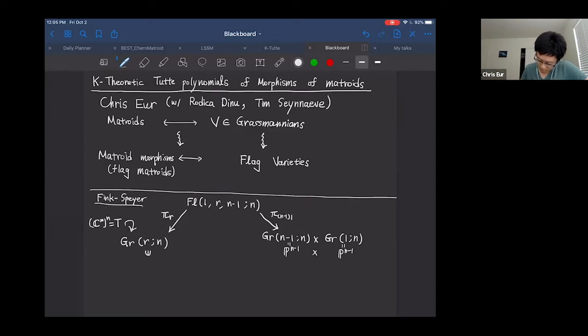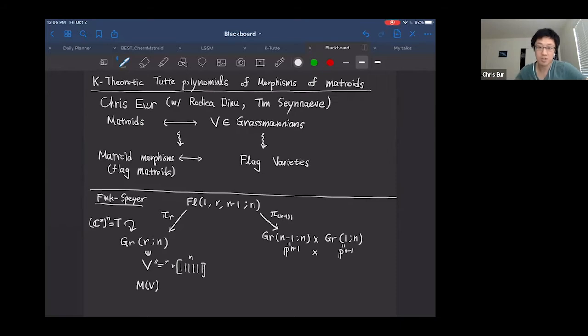Well, if someone hands you a point on the Grassmannian, which is basically the same as a full rank r by n matrix, you get a matroid. Let me denote that by M of V, by looking at its columns.